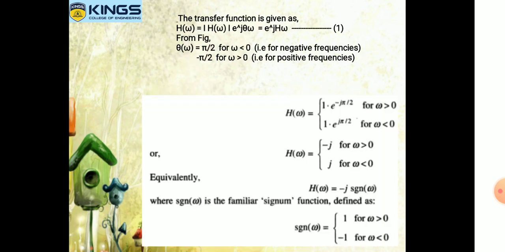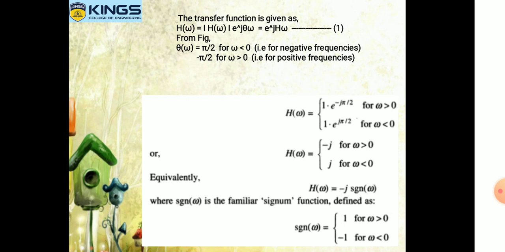Next we will see the transfer function. The transfer function is given by the expression h of omega, which is equal to mod h of omega into e power j theta of omega, which is equal to e power j theta of omega. Have this expression as number 1.